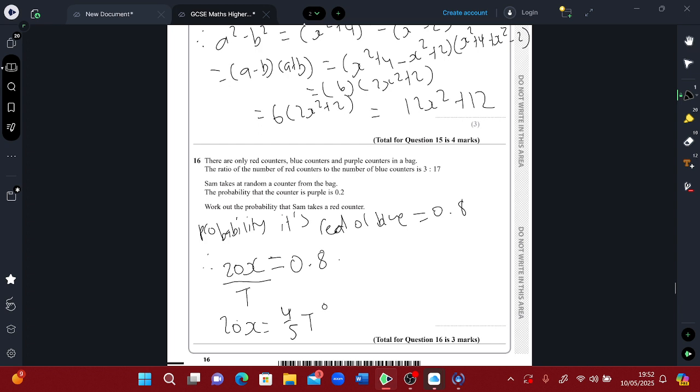So therefore, this might not get me anywhere, but it's good to work with what you know. T is going to be 5/4 of 20x. Well, 20 cancelled with the 4 gives you 5, and 5 times 5 is then 25x. So that's the total.